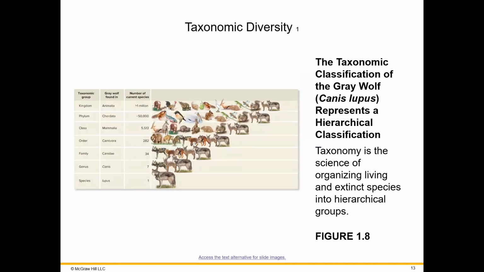Taxonomic diversity, okay? Taxonomic diversity basically refers to the classification of animals. So, taxonomy is the science of organizing living and extinct species into hierarchical groups. In hierarchical groups, one group is ranked above another. The human body is even hierarchical.